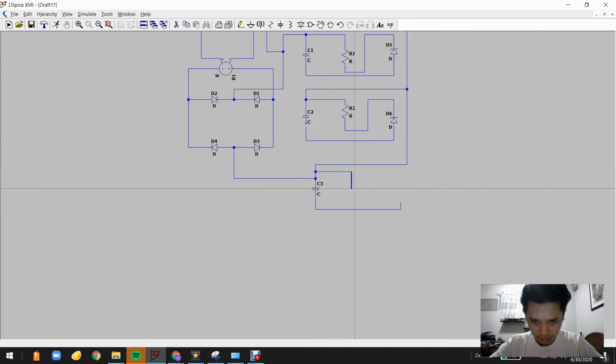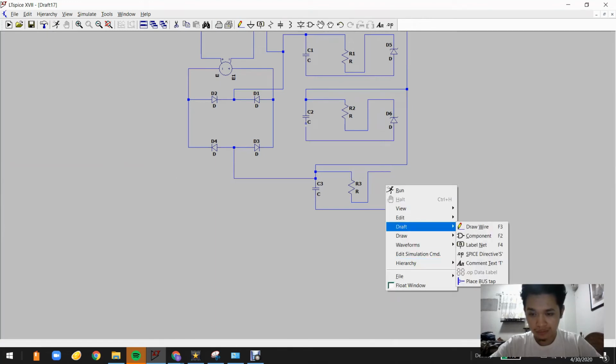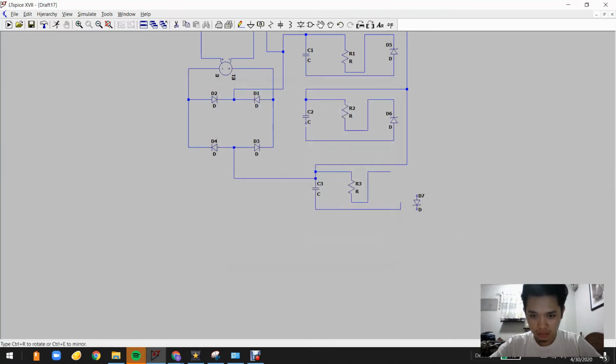Then go down, put our resistor here. Then go there. There you go. So that's gonna be the third voltage that we're gonna get as an output.